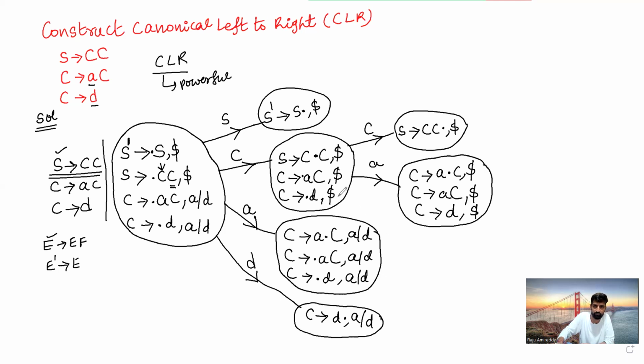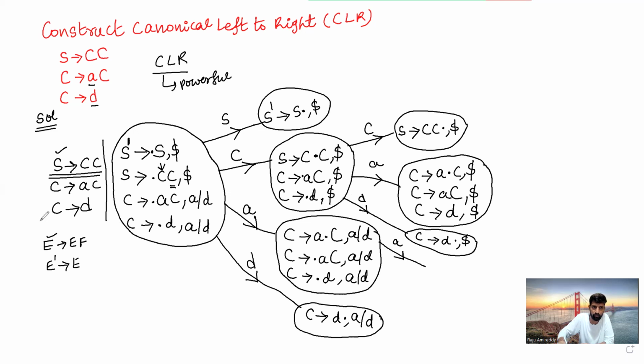Now after completion of this one, we are going to have D. So I will write here D. This will become C tends to D dot comma dollar. Why? Because you see here C tends to dot D will become C tends to D dot. Okay, now you see after completion of this one, I am going to have small a.